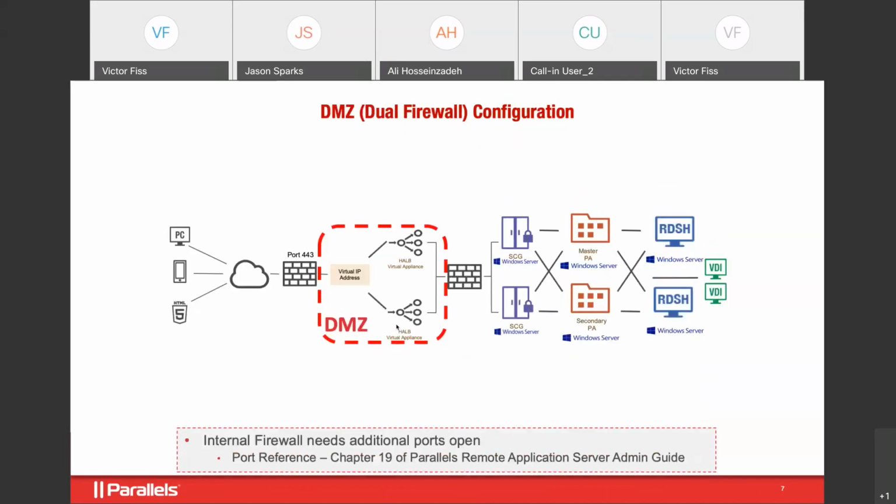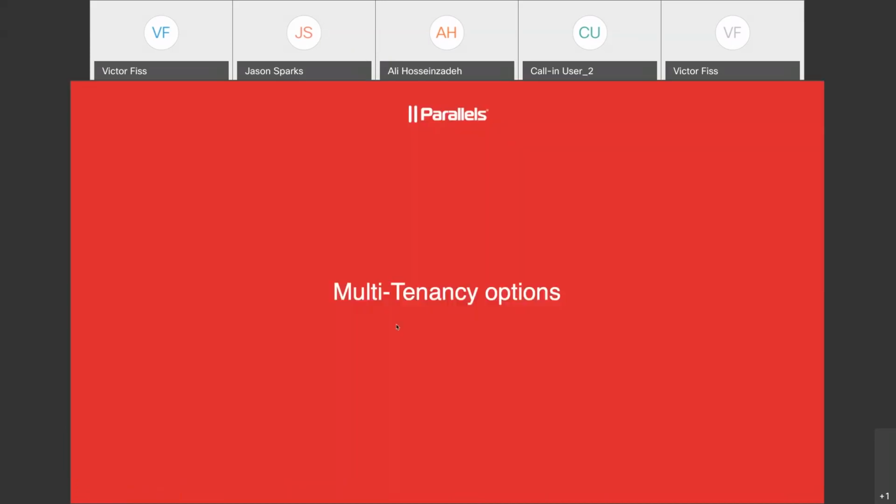Now, customers have asked us to also think about or deliver the option of what we call multi-tenancy. Multi-tenancy is covered today pretty well if you have a shared environment for a service provider.